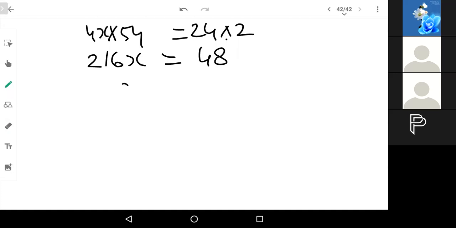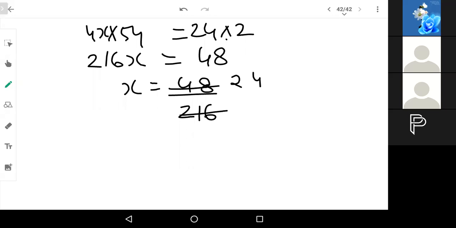Correct? So x is equal to 48 by 216. Now check, do the cancellation. How much can you get? 2 2s are 2 4s are 2 1s are 2 8s are. Then again 2 1s are 2 2s are 2 9s are 3 3s are 3 4s are. You'll get 4 by 3.